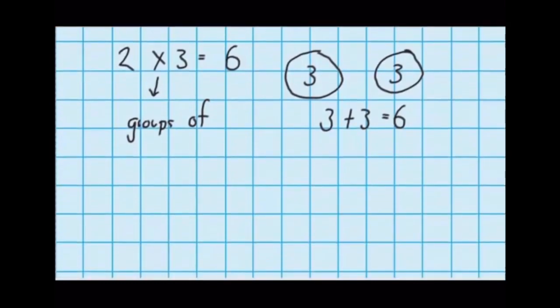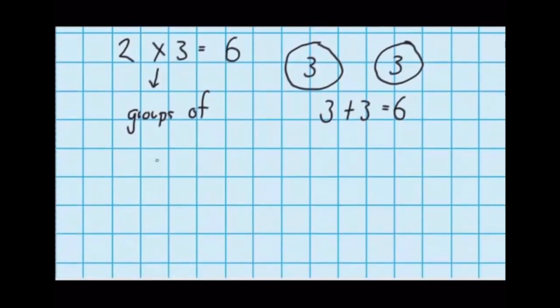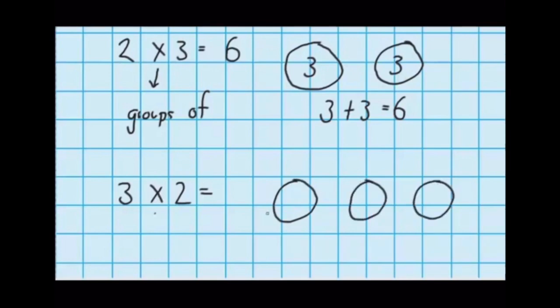Now I'm just going to change that question slightly. Instead of having 2 times 3, I'm going to change it to 3 times 2. Now remember, this multiplication sign means groups of, so now I've got 3 groups of 2. So here are my 3 groups, 1, 2, and 3. And inside those groups I need 2. 2, 2, and 2.